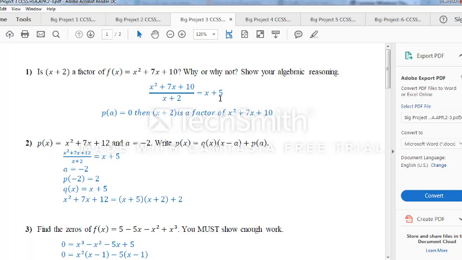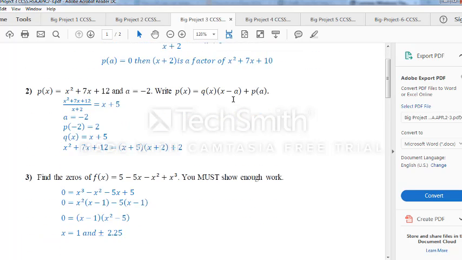So we get the same answer, because x plus 2 divided by this gives x plus 5. The remainder will be 0, meaning that it is a factor of these numbers because there is no remainder.